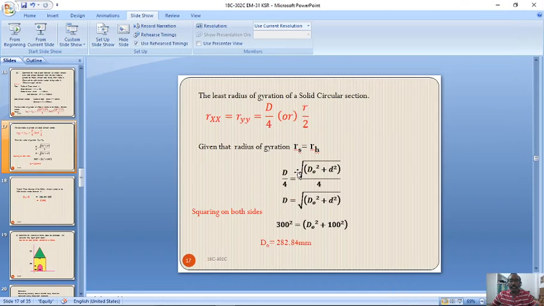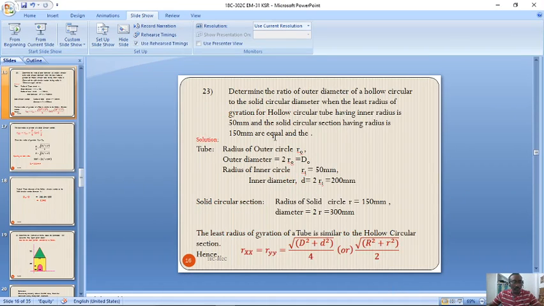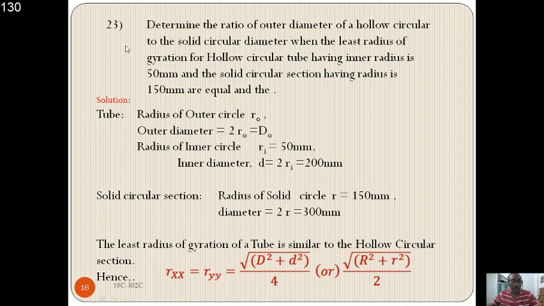A small correction. The radius is 50 mm for the inner circle, therefore the diameter would be 100 mm.